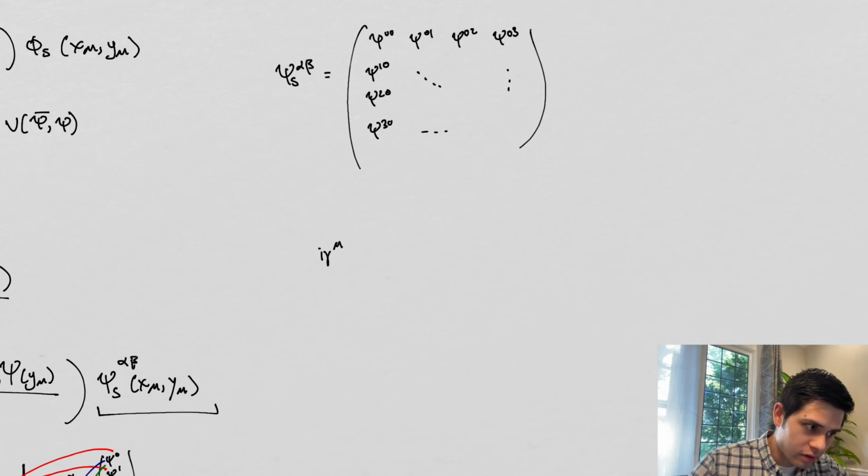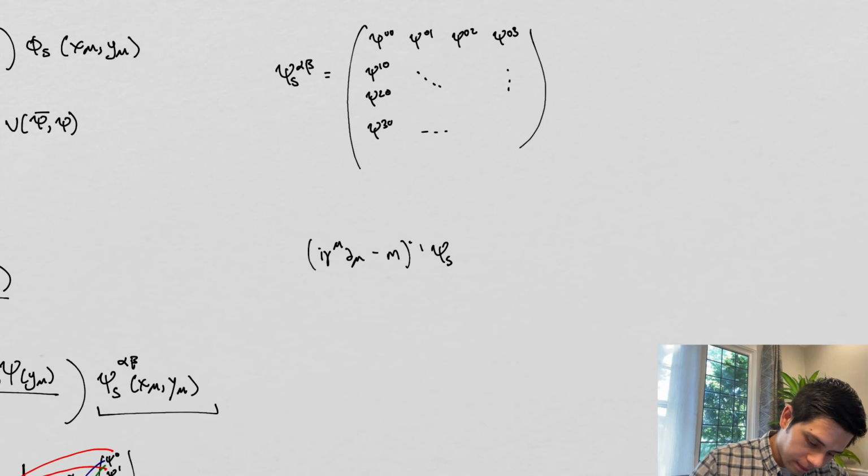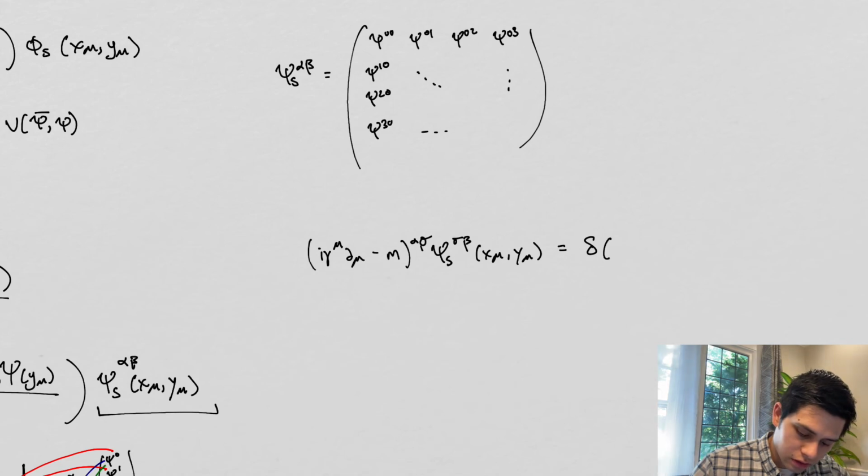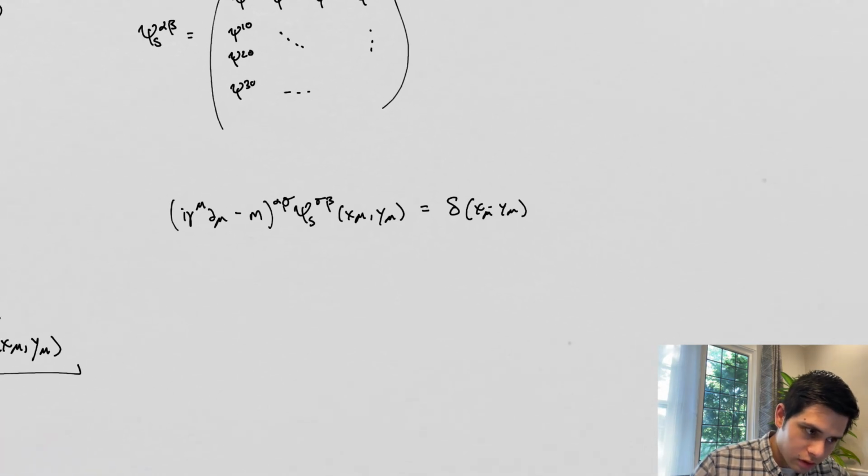And what we have now for the dynamic equation that describes the movement of these potential functions, again, looks like this: alpha sigma and sigma beta, x mu, y mu, and we have a delta function, x mu, y mu, alpha beta.